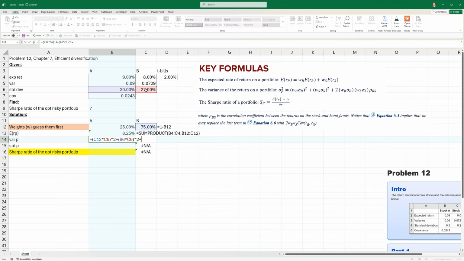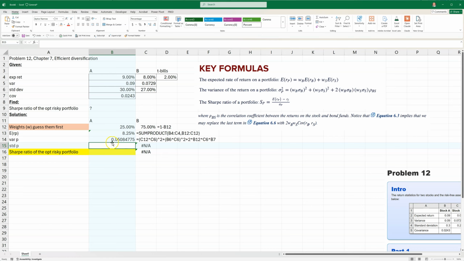And then we're going to have to add 2 times the weight of A times the weight of B. And this is where we're going to put covariance instead of standard deviation in here, times the covariance. Times the weight of B times the covariance.